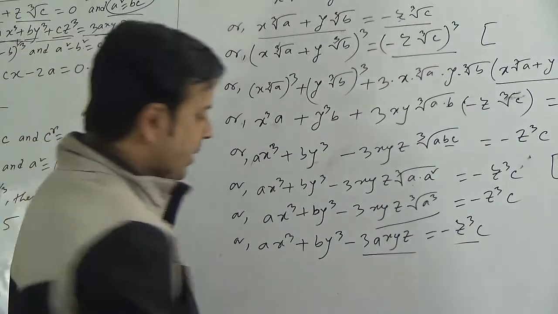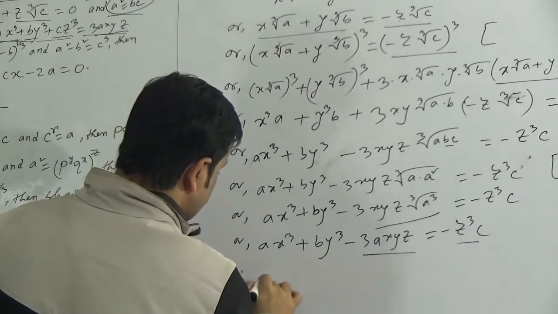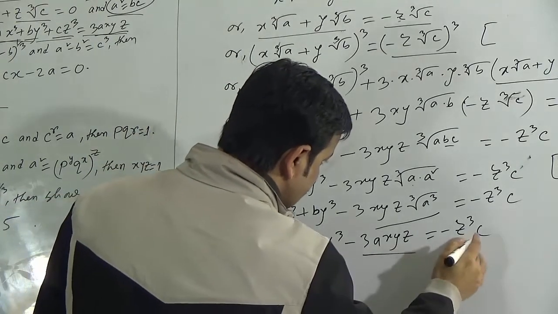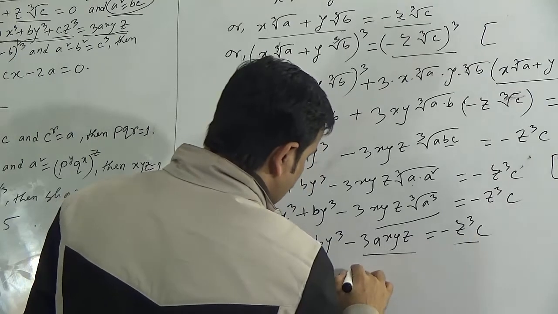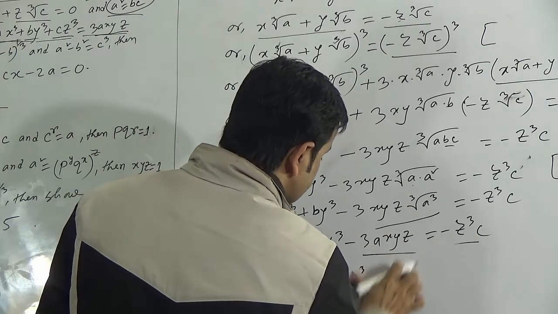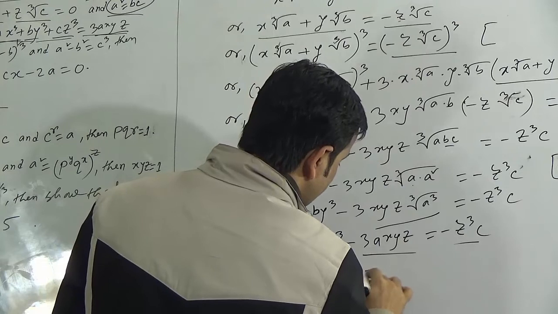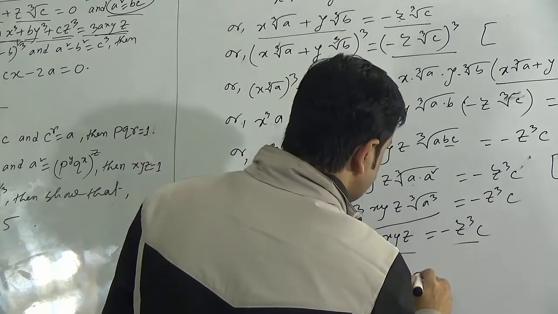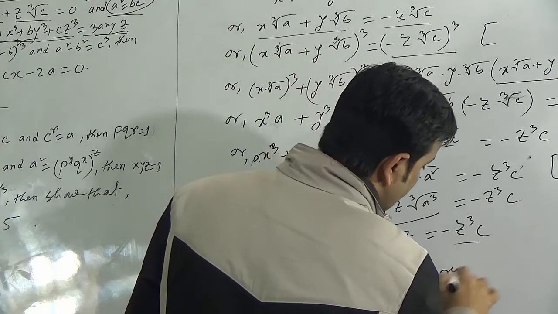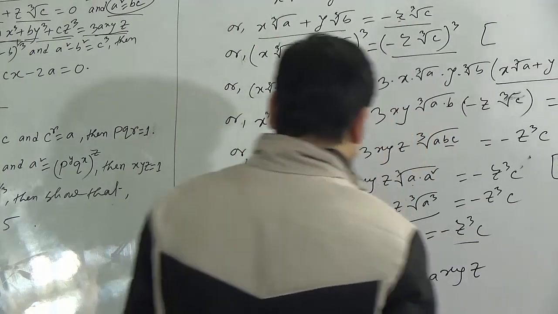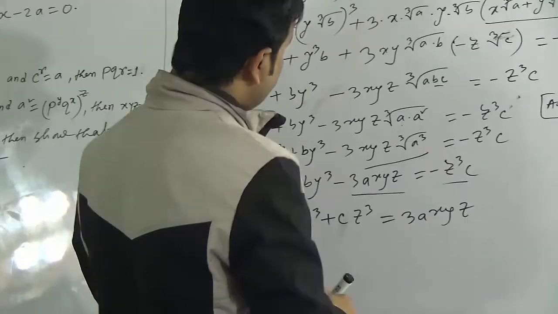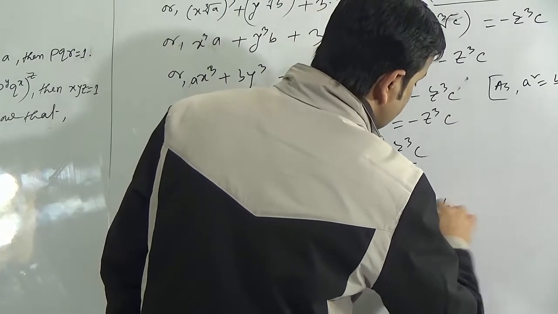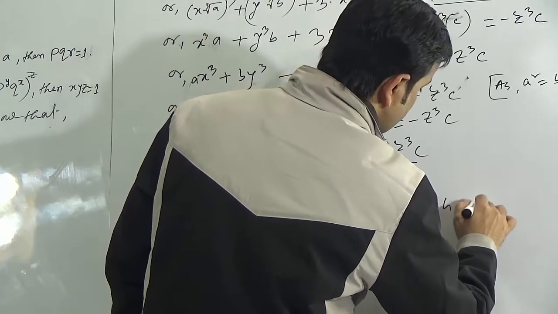So we will get here, therefore, a x cube plus b y cube plus, we can take this one to the right side, this will be positive, c z cube, is equal to, this will also be positive in the right side, 3 a x y z. So as we needed to show this, we can see the question, and this is the solution.